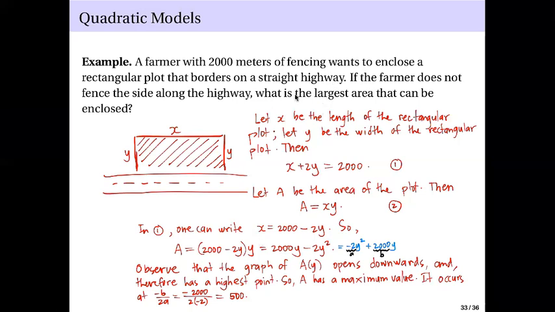And we want now the largest area. So we want the actual value of A. Okay?